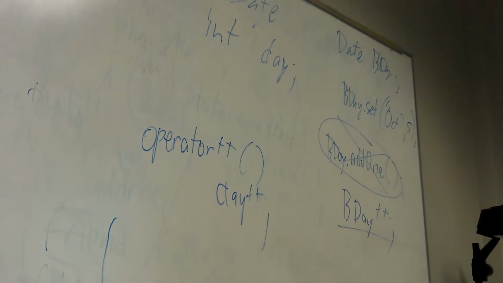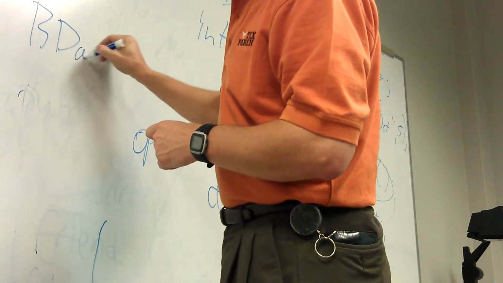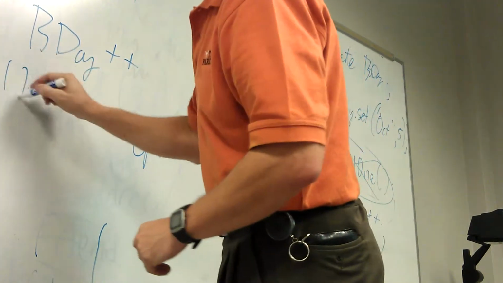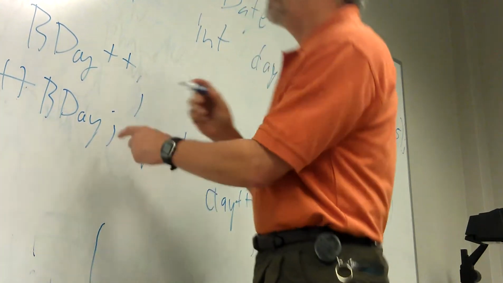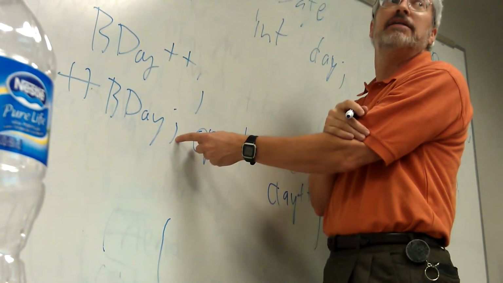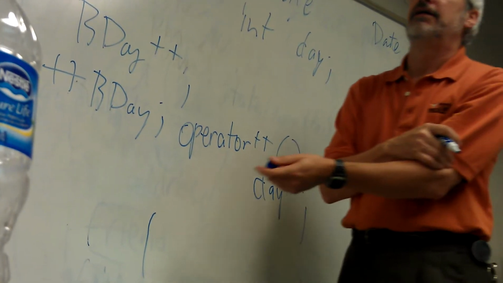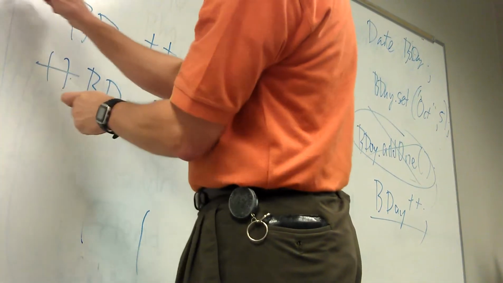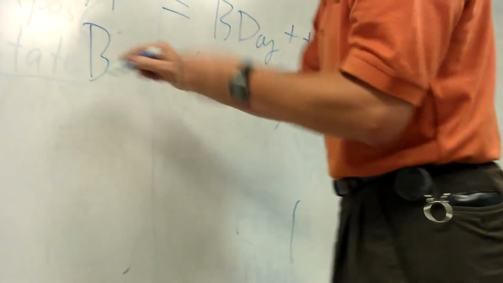Now the problem with plus plus is this. I can say bday plus plus, but I can also say plus plus bday. And what's the difference between bday plus plus and plus plus bday? It doesn't matter unless I'm assigning it to something.